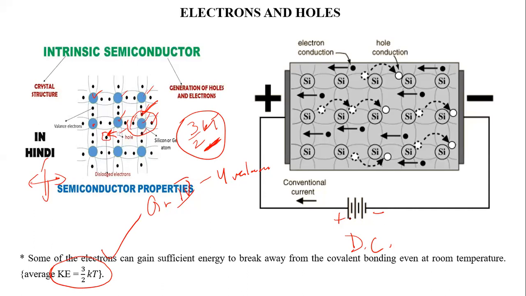But once you apply a DC battery like this, you see that these free electrons, under the action of the DC battery, that is the negative potential here, will have a net movement from right to left.